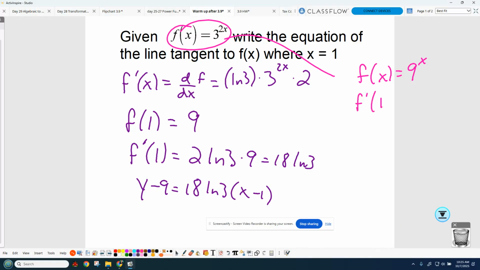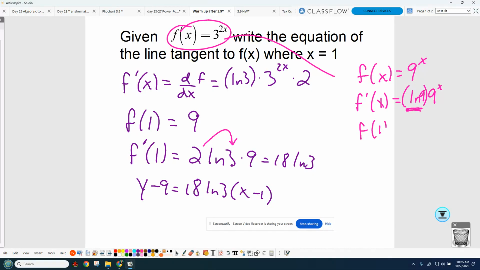Then f prime of x is 9 to the x times change of base. There was no chain rule involved. There's my natural log of 9, just so you see that these come out to be the same.